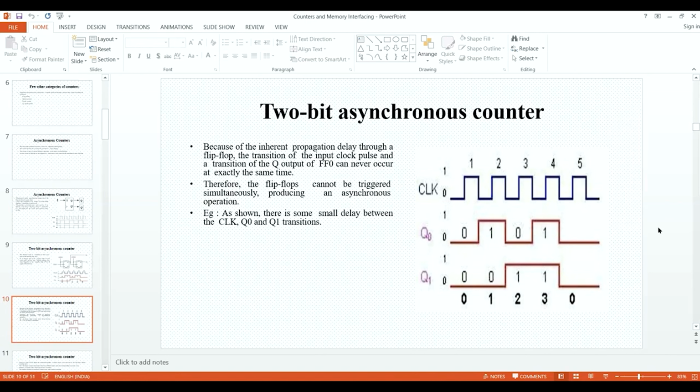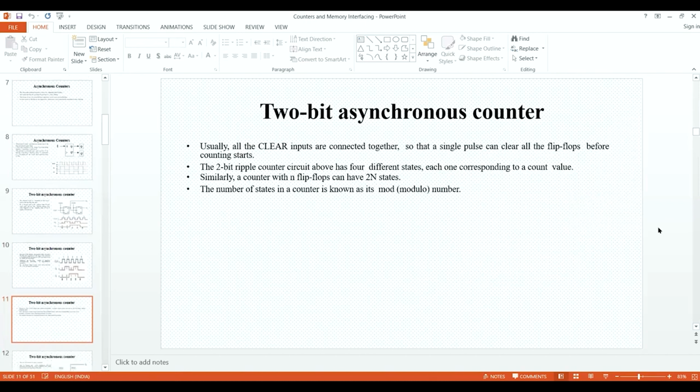But in a D flip-flop, we have a good amount of propagation delay. So you can see that in an asynchronous counter, all the flip-flops cannot be triggered simultaneously. That's why they produce an asynchronous operation. Otherwise, if they are triggered simultaneously, they would operate in a synchronous way and would be named a synchronous counter. So what is the algorithm?